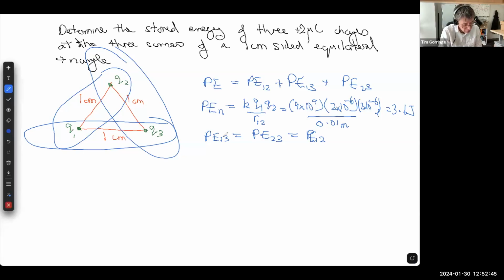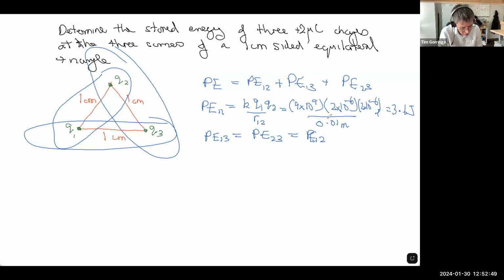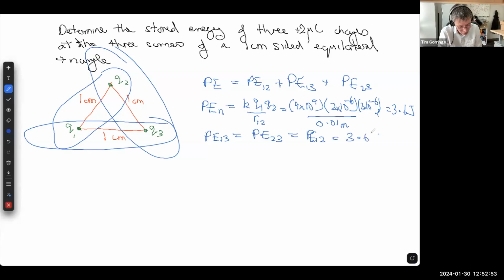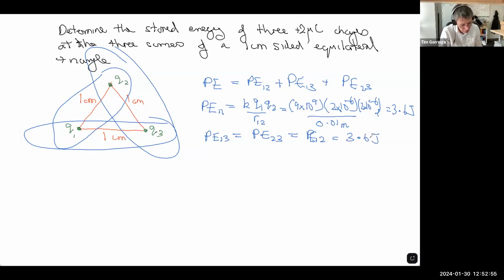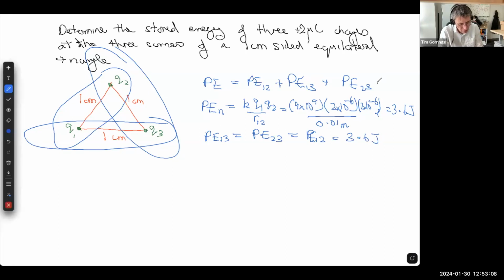And so these three potential energies of these three pairs are actually always the same, and it's just that 3.6 joules. And so in this particular problem, all I've got to add up is these three contributions from these three pairs, each 3.6 joules, to get the total energy.